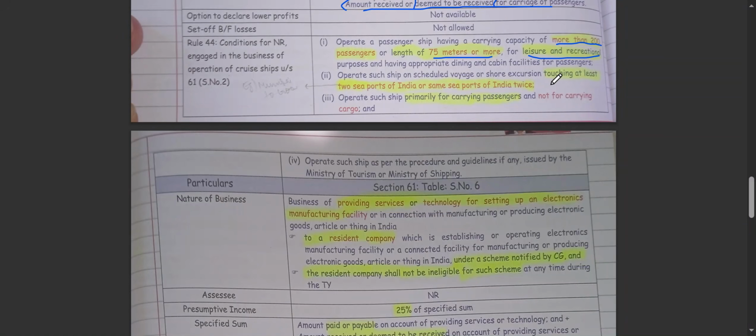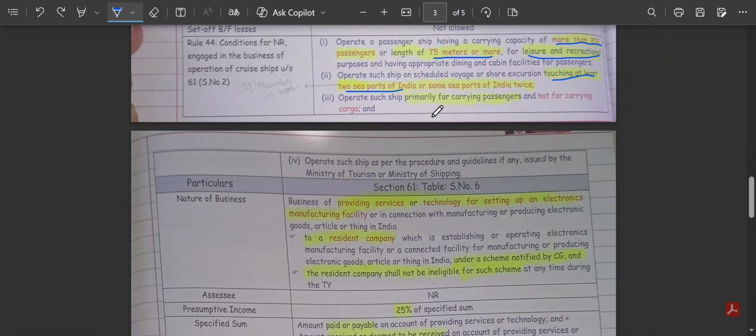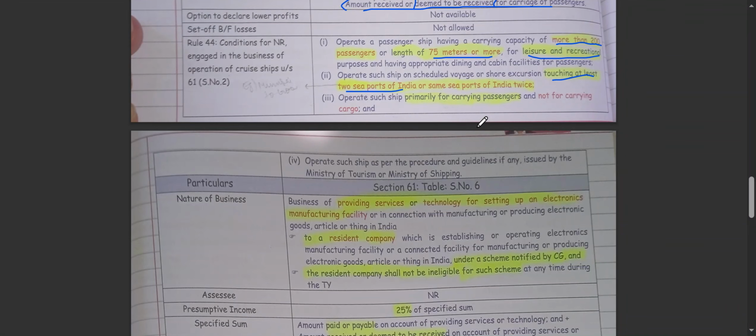The second condition is that it should be touching at least two seaports in India, like leaving from Mumbai and reaching Goa, or the same seaport of India twice, like leaving from Mumbai, spending some time on the water, and then coming back to Mumbai port. The non-resident should operate such a ship primarily for carrying passengers and not for any cargo. And then it should be as per the procedures and guidelines of the Ministry of Tourism or Ministry of Shipping, if there are any guidelines to follow.